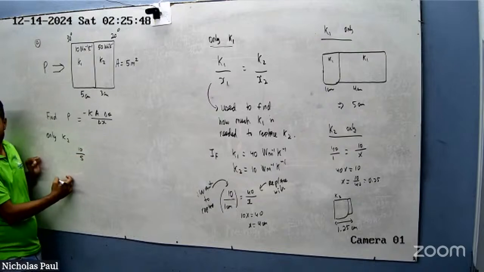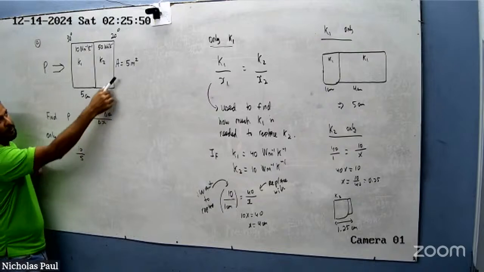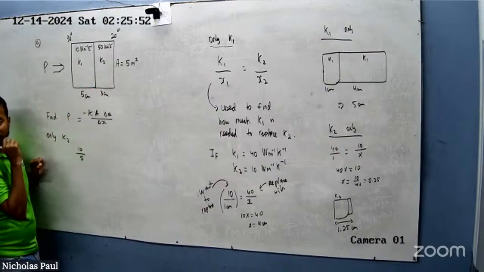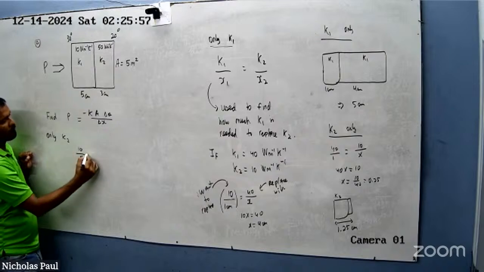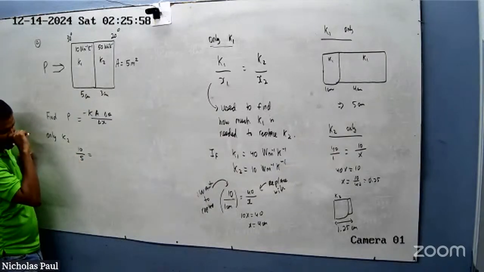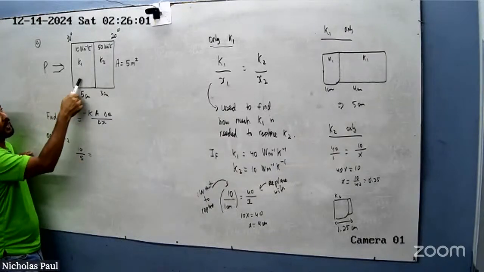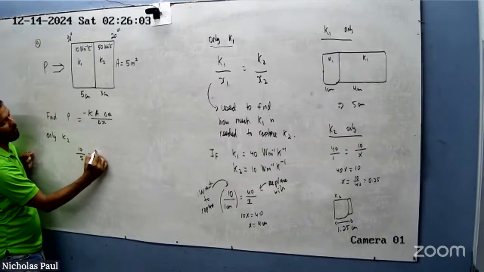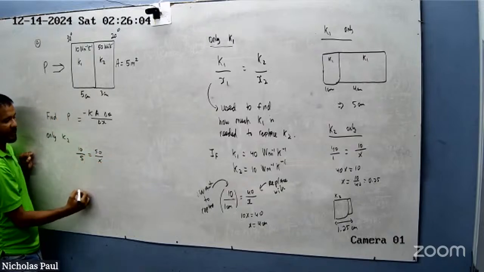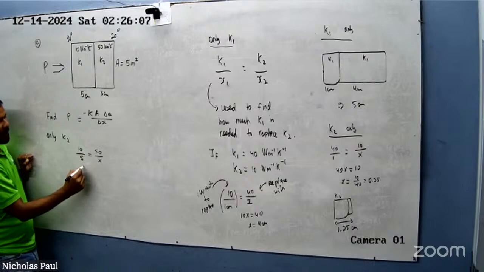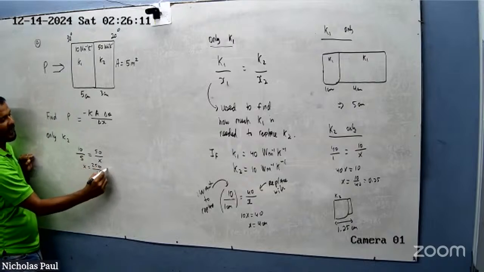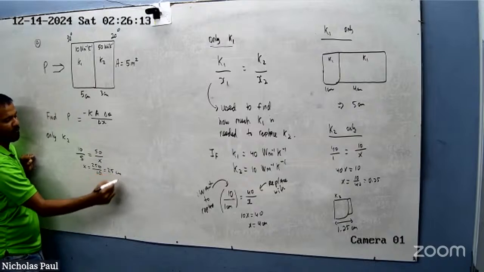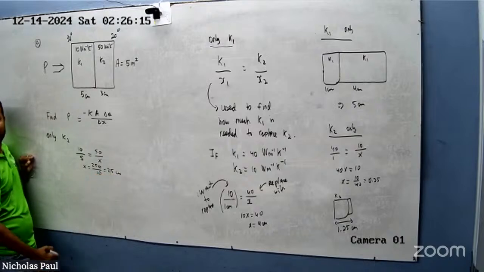Just one problem, all these questions should be done in meters, so convert to meters after. So 10 on this, all K2, so getting rid of this, 50 over X. Cross multiply, you'll get X is equal to 250 over 10, which is 25. Anybody get that? Yes. 25 centimeters.